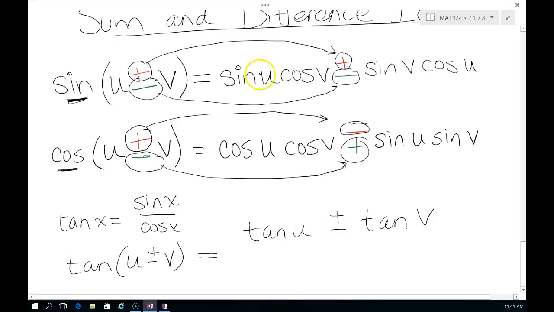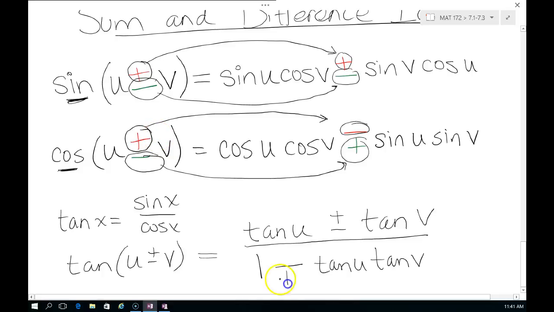Just like up here, sine u and sine v are separated into two separate terms. In the bottom, it's going to look more like cosine. So it's going to be 1 minus tan u tan v. So there, they're together, kind of like here, cosines are together, and it changed the sign.